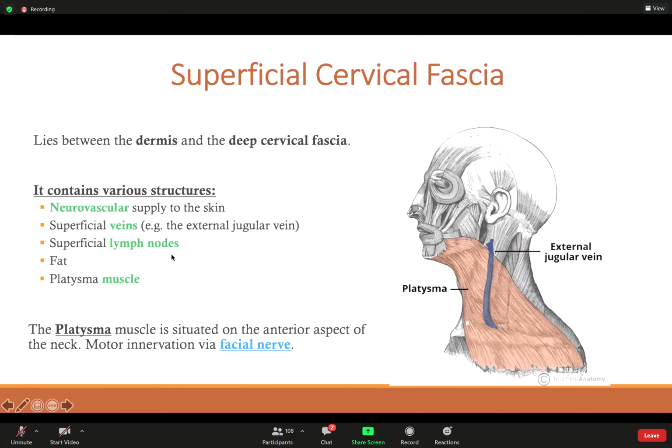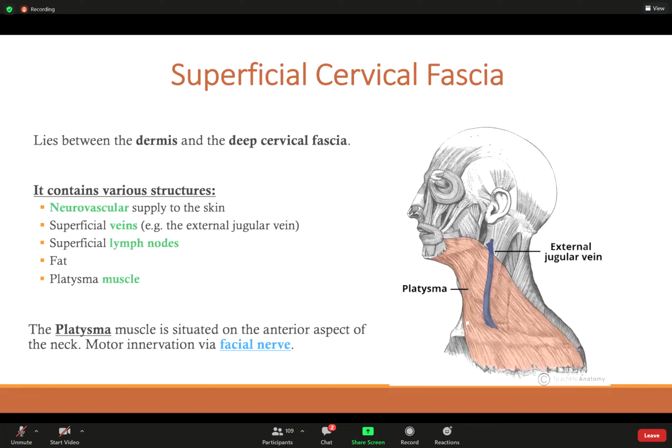And what is the content? Basically, it has some nerves, some veins, lymph nodes, fat, and a very important muscle. This large muscle is called the platysma muscle. Some people refer to it as the shaving muscle, because when we shave, we stretch our neck.